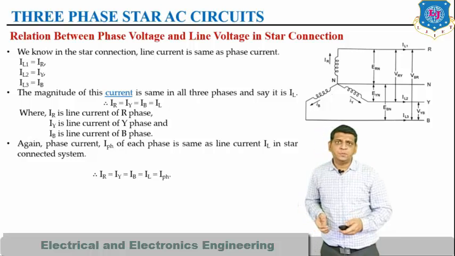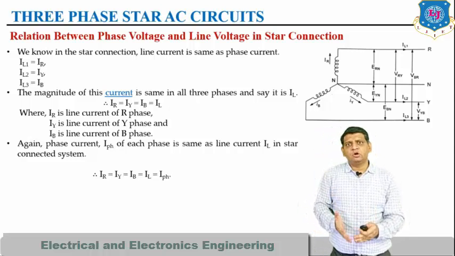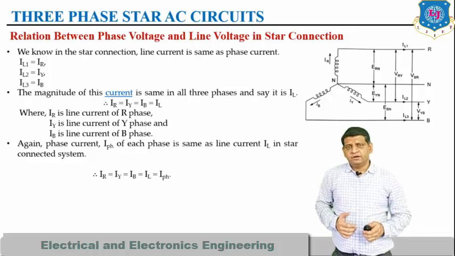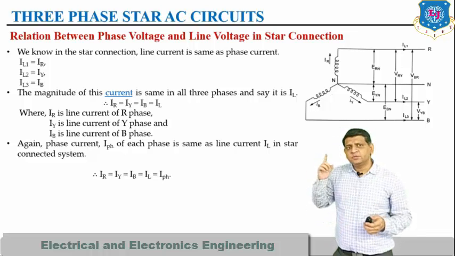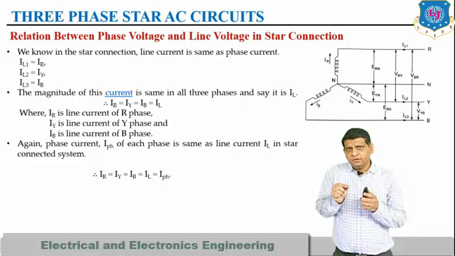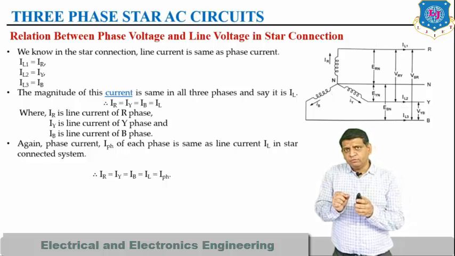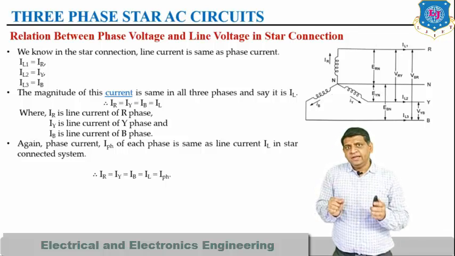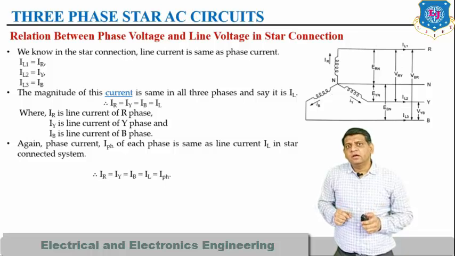In this same circuit, let us find the relation of phase current versus line current, right? From this particular network you can see that in the red phase there is a flow of current IR, which is called the phase current, and in line 1 the current is IL1.